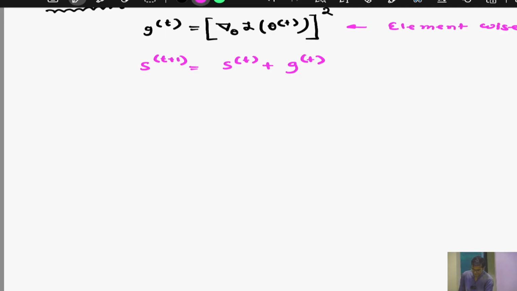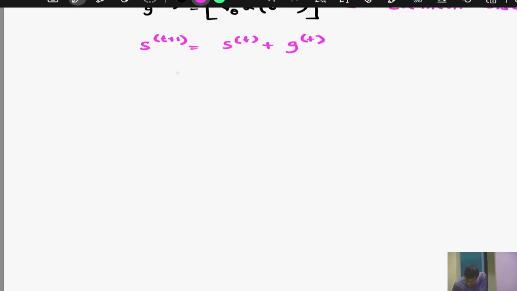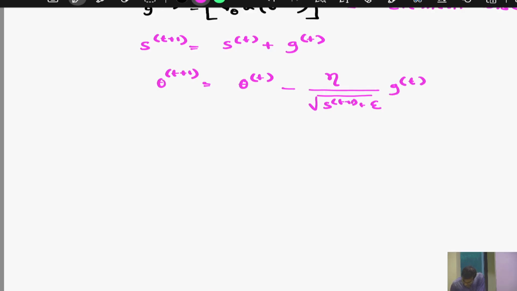So basically, and then finally, theta_{t+1} is equal to theta_t minus eta divided by the square root of s_{t+1} plus epsilon, times g_t.